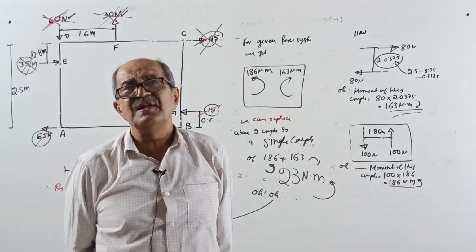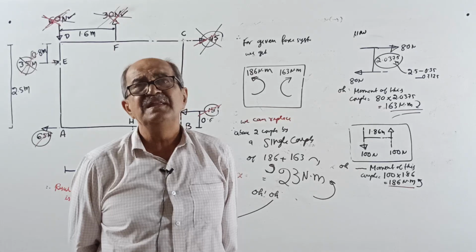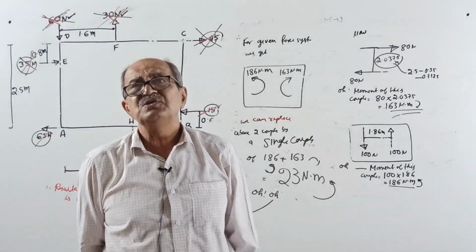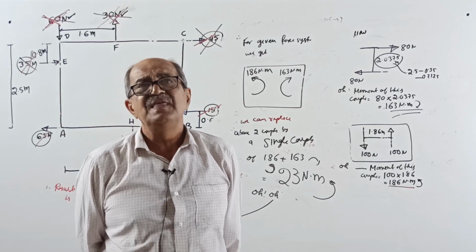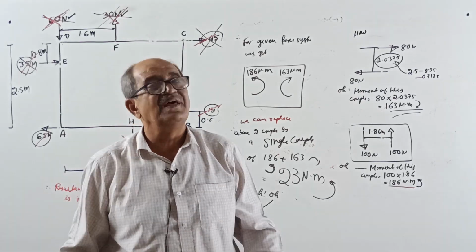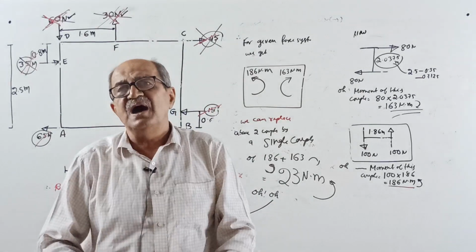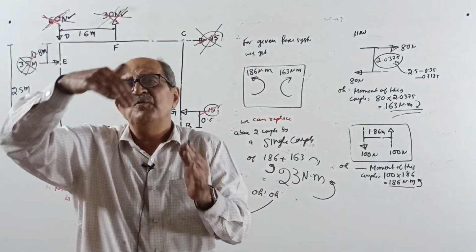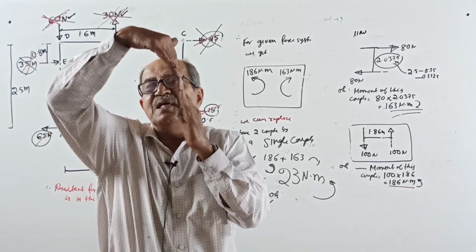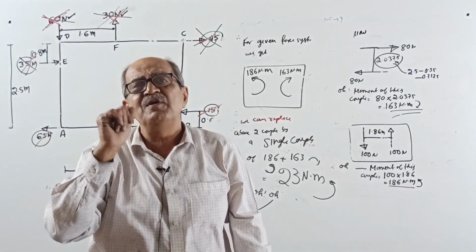In case of beams there are so many loads, still you say sigma M equal to 0. Why? There is no couple. Same reason: net upward force and net downward force both have the same line of action. If the line of action is different, it will not be in equilibrium.